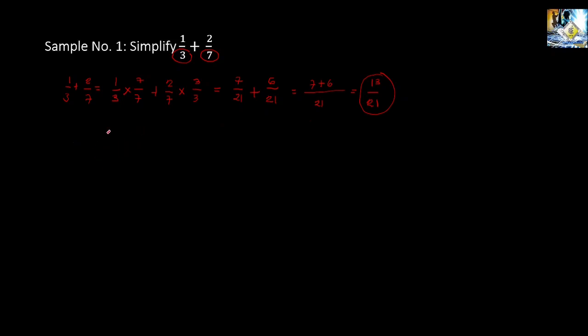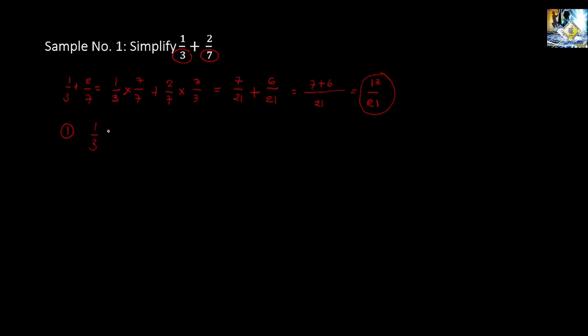As you can recall from elementary, step 1, you need to determine the LCM. So our lowest common multiple is 21. We have determined already our lowest common multiple.